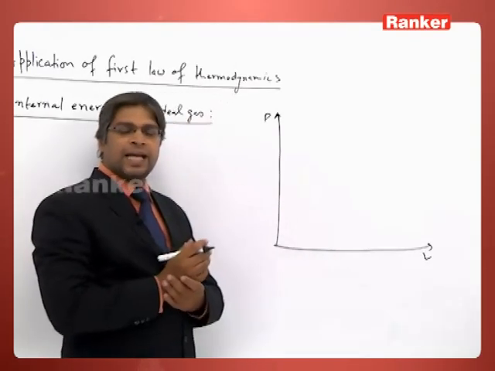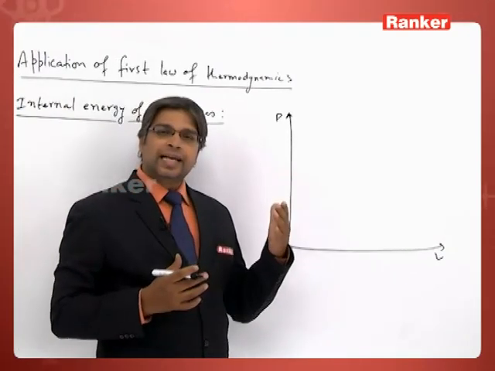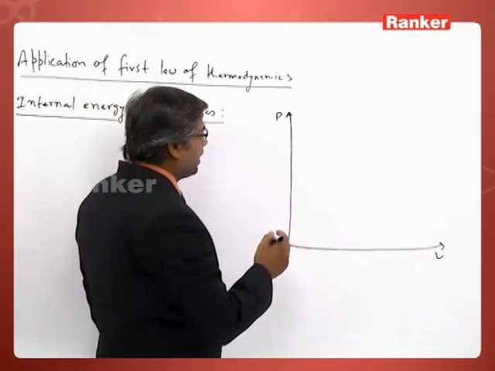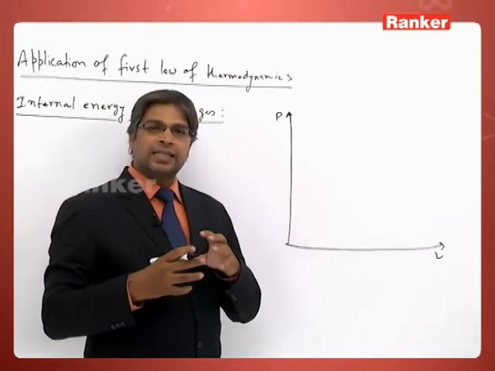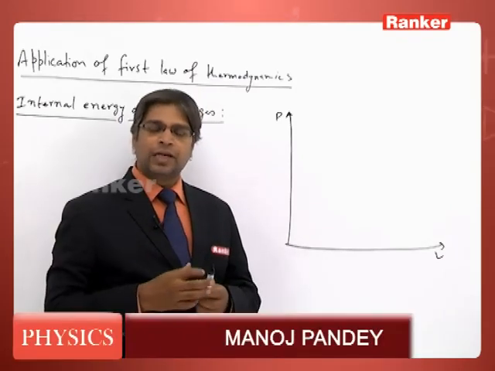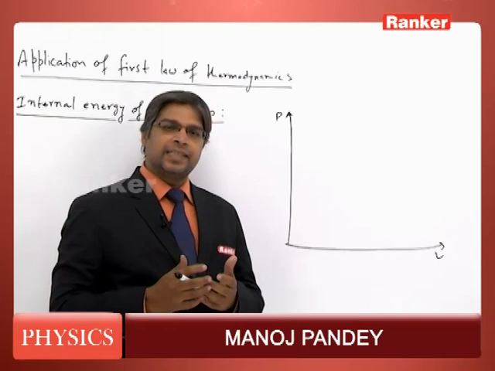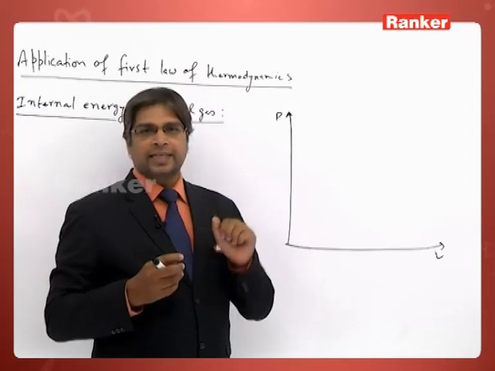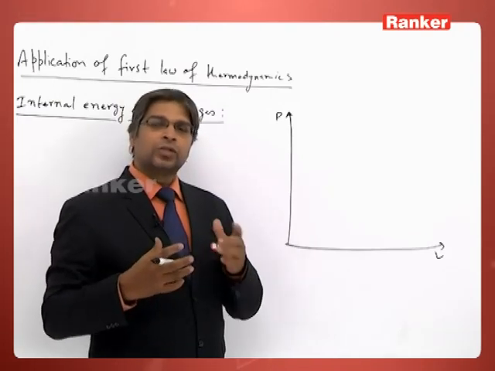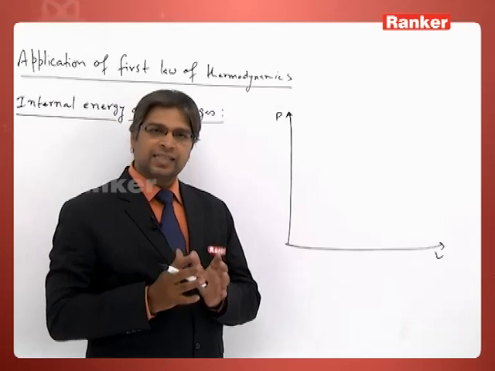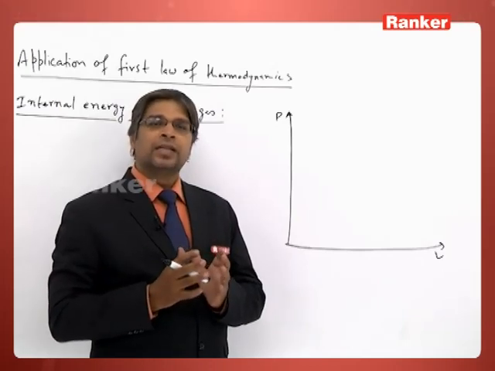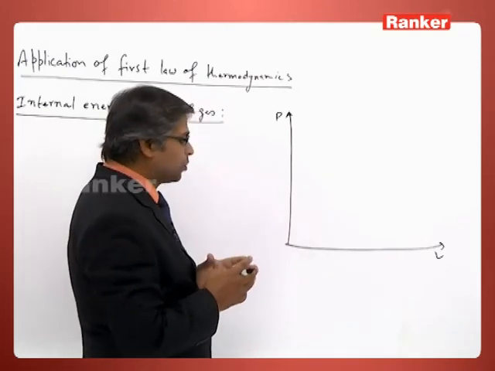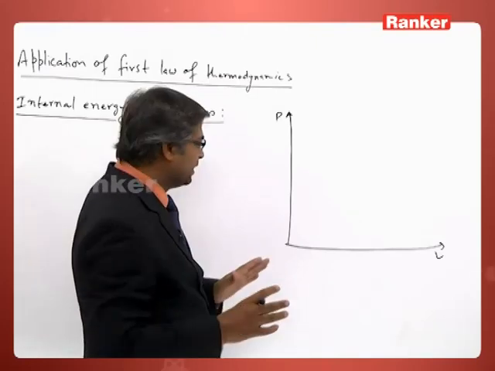From kinetic theory of gas, we know that the internal energy is a function of temperature, because temperature is directly related to the average kinetic energy of molecules, and according to kinetic theory, the molecules do not possess any energy other than kinetic energy. So there is no potential energy. Whatever internal energy the gas has is because of the kinetic energy of molecules, so it is directly related with temperature. So if temperature is constant, there is no change in internal energy.